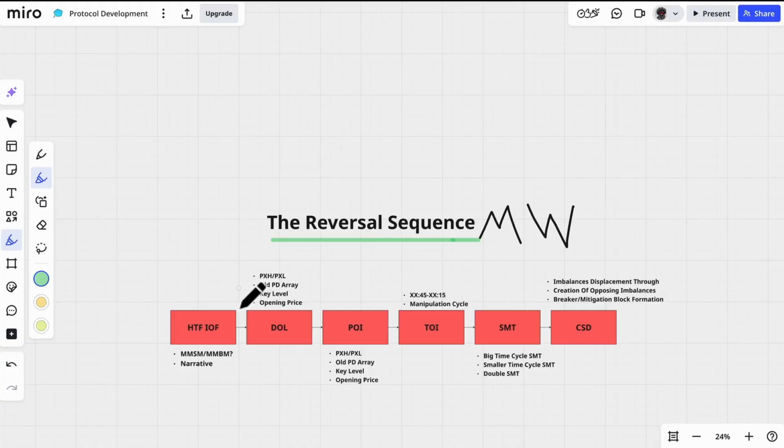The next step is paying attention to opening prices. And I'm not referring to opening prices in the sense of just midnight openings, so daily openings or whatever. No, I'm referring to bigger time cycle openings.